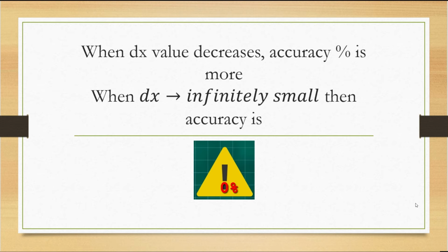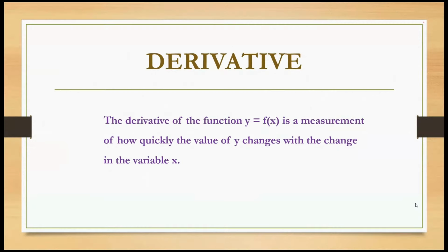So we might think that we can use the normal method for all the problems. Why do we need to use differential calculus? The derivative of the function y is equal to f of x is a measurement of how quickly the value of y changes with the change in the variable x. Instantaneous change.